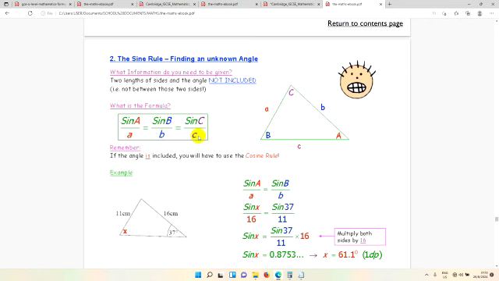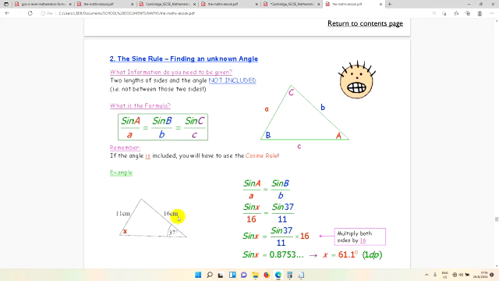When we are calculating a missing angle we use sine A over A, which is equal to sine B over B, which is equal to sine C over C. To apply the sine rule to find an unknown angle, you need two side lengths and an angle not included, which means an angle which is not between them. Our triangle is not even marked.